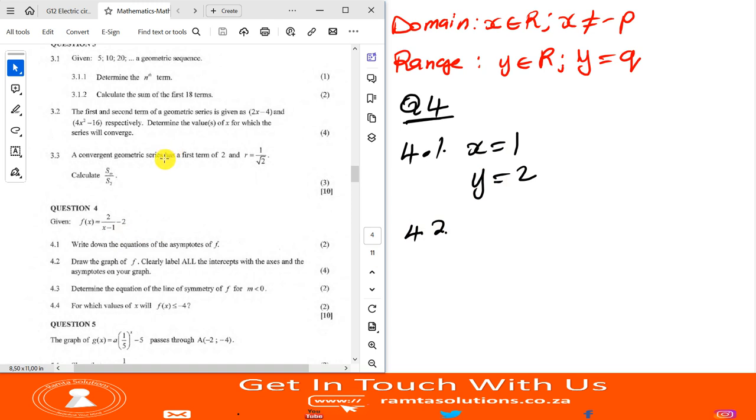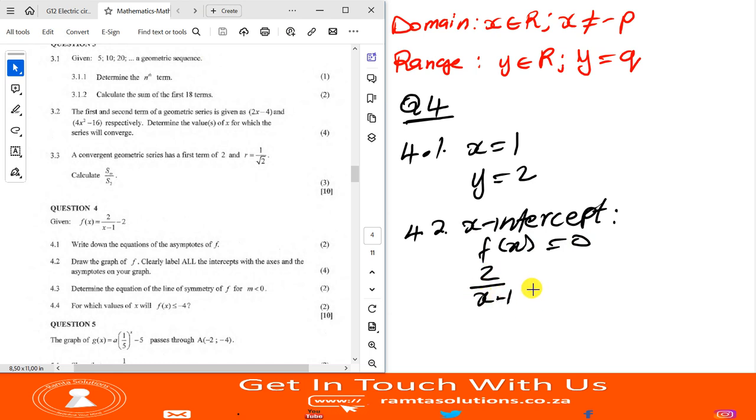Now 4.2, it says draw the graph of f, clearly labelling all the intercepts with the axes and the asymptotes of your graph. Let me find the x-intercept first. We say f of x is 0, meaning y is 0. So 2 over x minus 1, minus 2, is equal to 0. Multiplying by x minus 1 throughout, we have 2 minus 2 into x minus 1 equals 0.